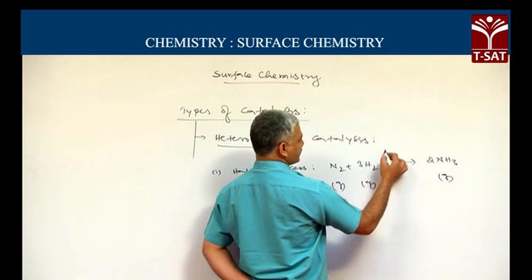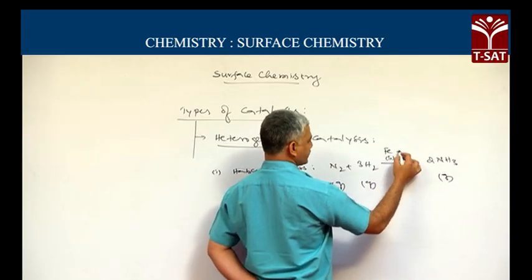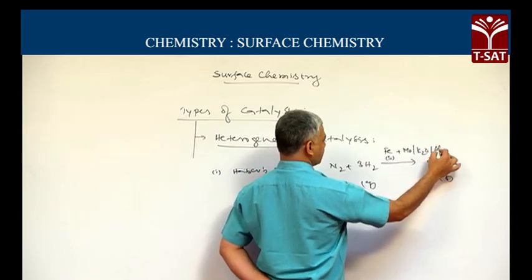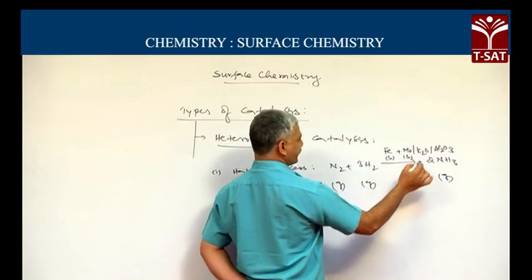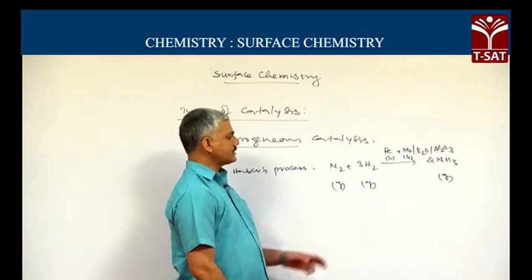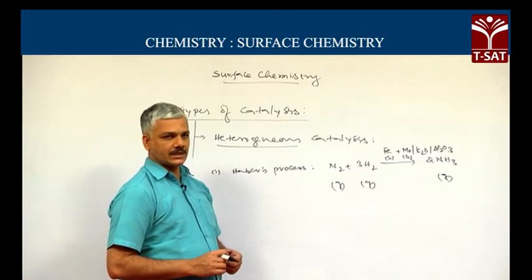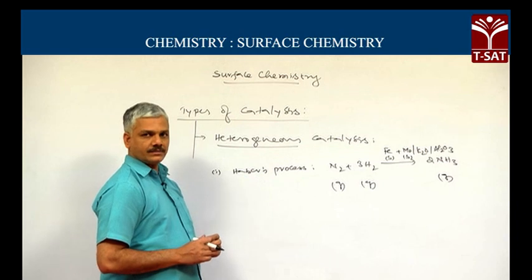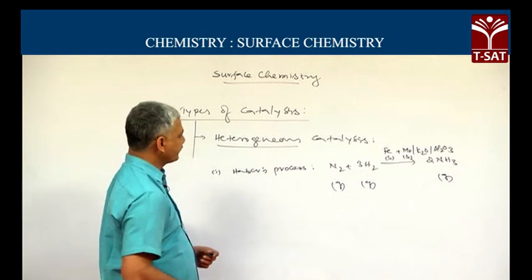The catalyst used for the reaction is iron, which exists in solid state, and molybdenum or potassium oxide or aluminum oxide, which is used as promoter, also exists in solid state. In this case, the reactants and the catalyst differ in their physical states. Such reactions can be taken as examples for heterogeneous catalysis reactions.